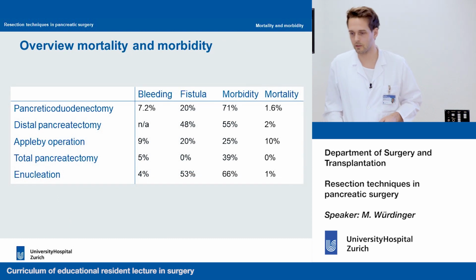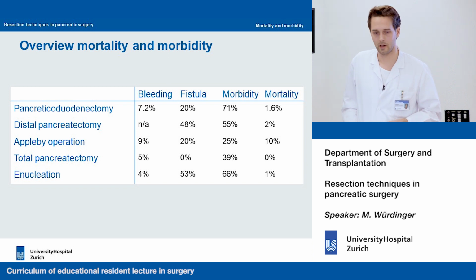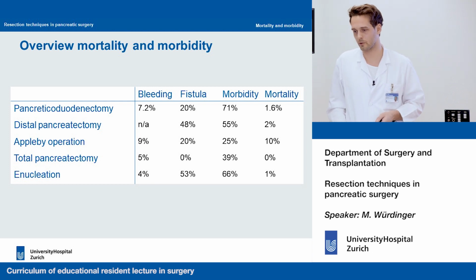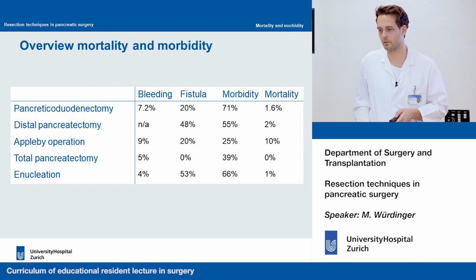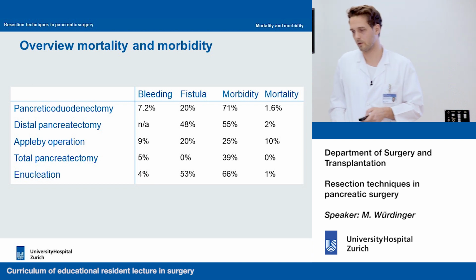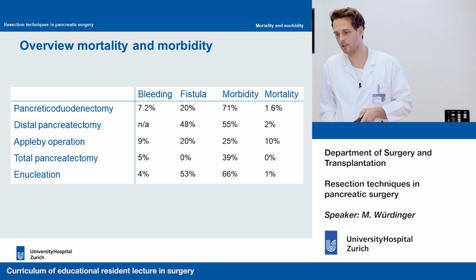To come to the end of my presentation, I want to give a quick overview of the mortality and morbidity of the different procedures. Bleeding is lower than 10%, about 5 to 9% in all operations. Then the most important complication is the fistula.